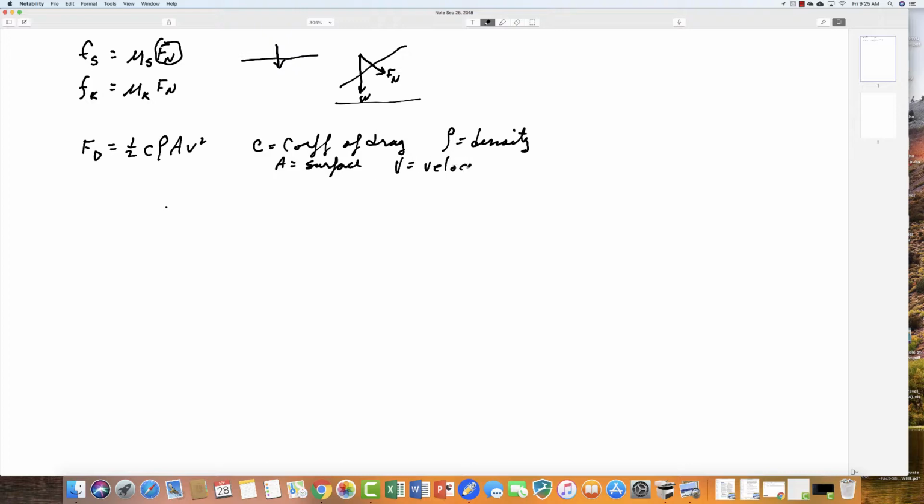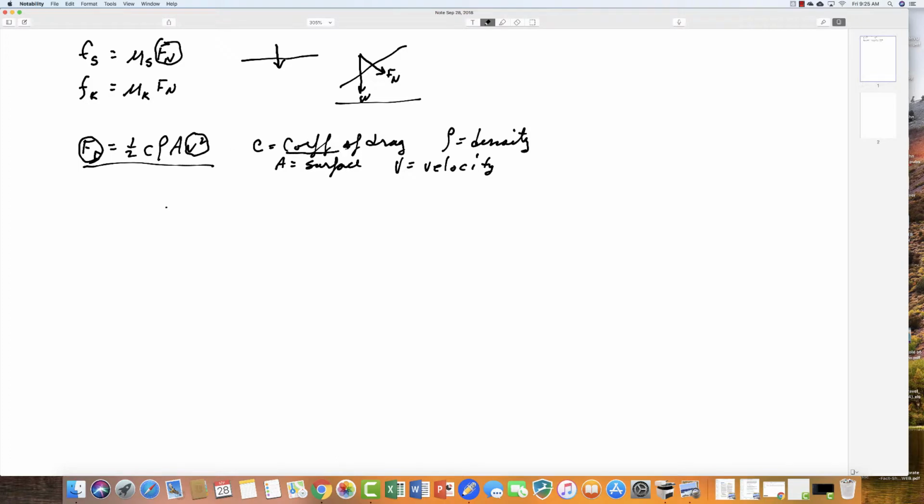And as it says in the book, for large objects, the drag is directly proportional to the square of the velocity. Now this changes when we start talking about smaller objects, but this will be the equation that you'll use for larger objects.